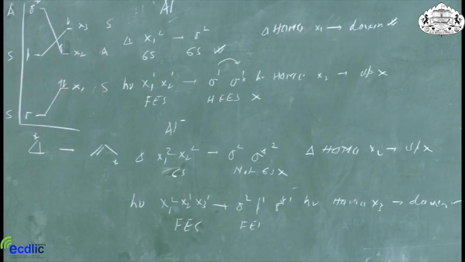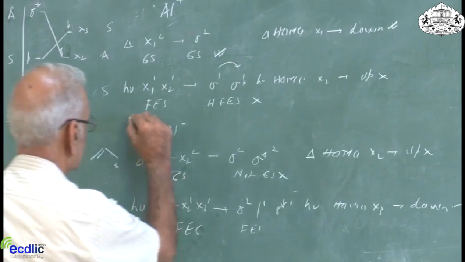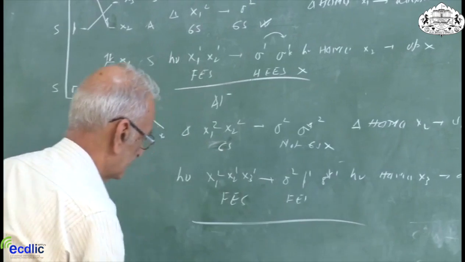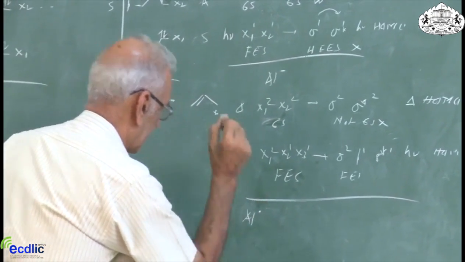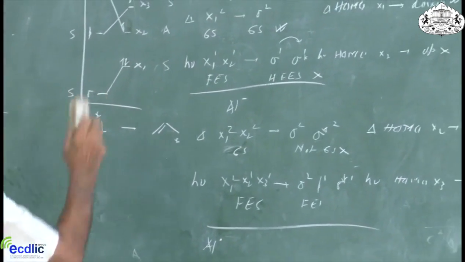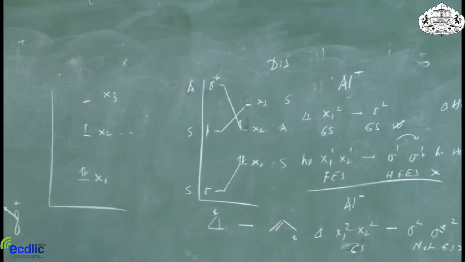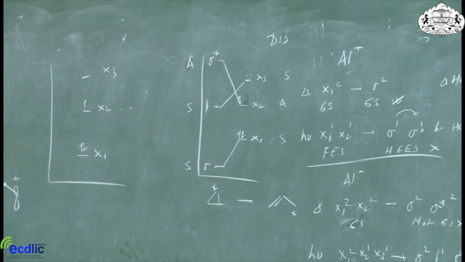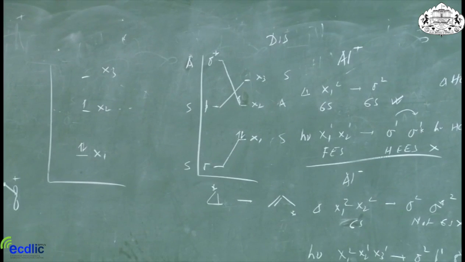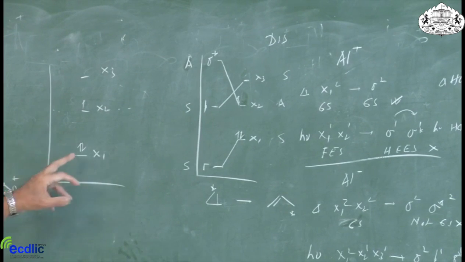Now we look at the allyl radical. When I look at allyl radical, how many electrons will there be in allyl radical? 2 electrons in the double bond and 1 electron in the radical. So, that is going to be your allyl radical picture.